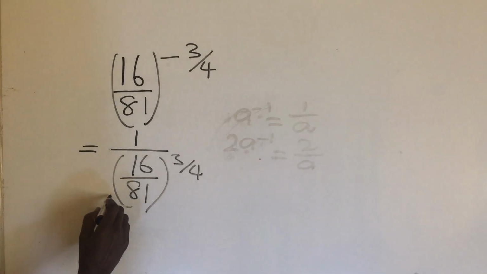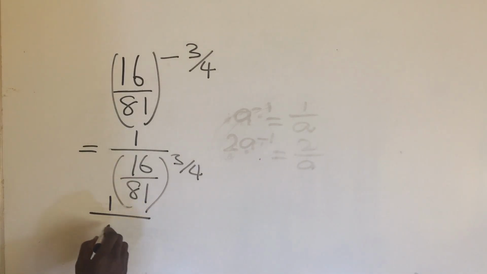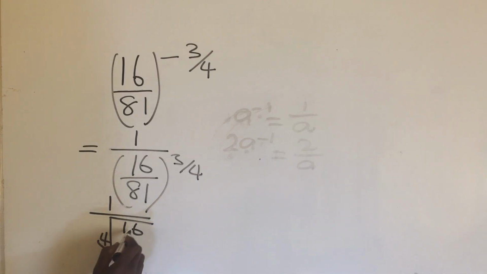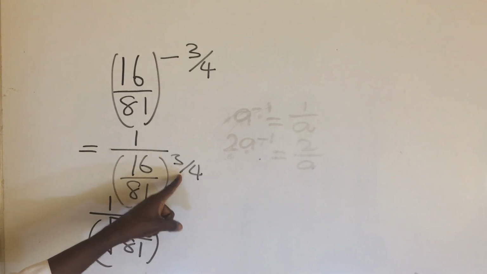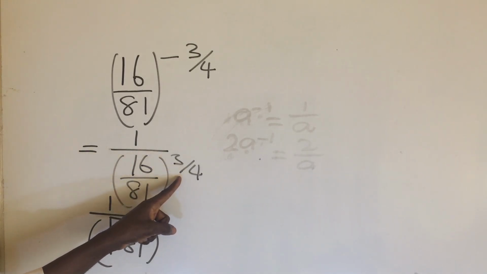we now have 1 over the fourth root of 16 over 81, all in bracket raised to power 3. What came about the fourth root? What came about the fourth root is this fraction here. In indices, I've treated it before.